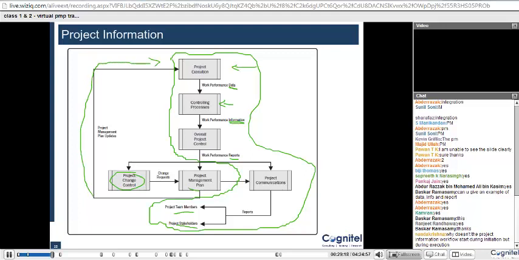So any updates in the project management plan would of course need to be communicated back to the execution team, that these are the changes we have made and you need to now execute as per the new plan. Again, this change in the project management plan would generally be because of the work performance reports or work performance information that you have looked at, and then you decide that something is not going right or there is a better way of doing something, then you might want to change that. So that's what these two arrows are denoting here.